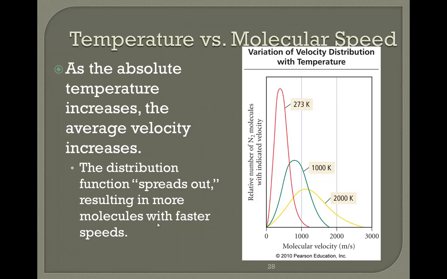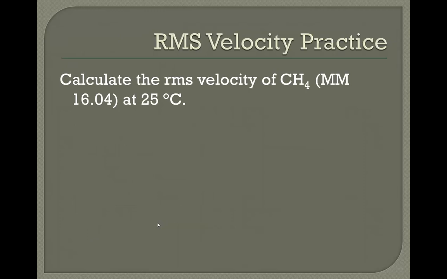Alright, so let's do one example of the RMS velocity. As we said before, RMS is equal to the square root of 3RT over M. Right here we have 25 degrees Celsius. That's easy to remember. We have to add 273 because it has to be in kelvins, so that becomes 298 kelvins.